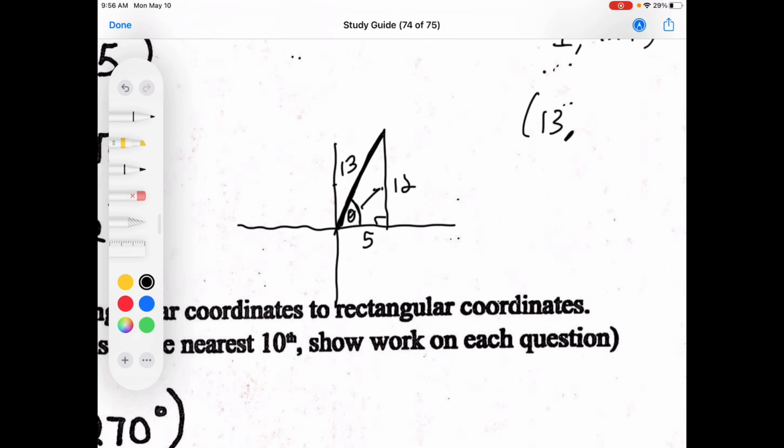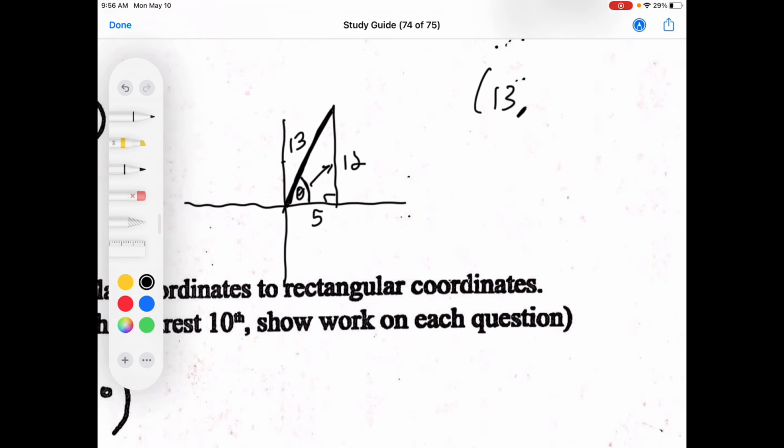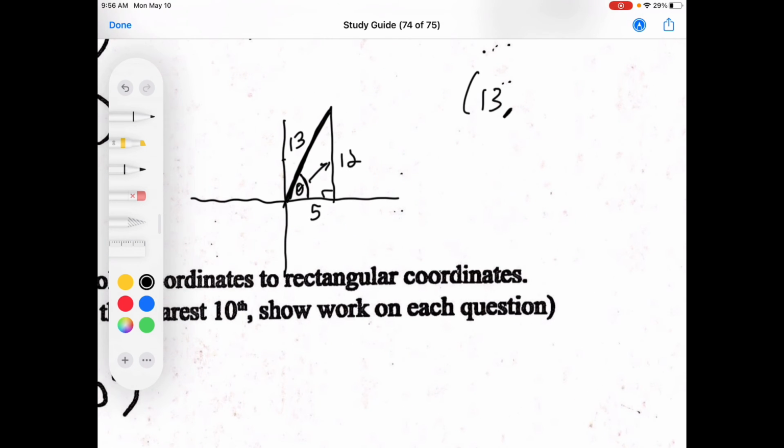All right, so if you'll think back to SOHCAHTOA, you can actually find angle measures by using the inverse functions. And so let's pick one. We can do sine inverse, cosine inverse, or tangent inverse. Since we got all three sides, remember sine is opposite over hypotenuse, so sine inverse 12 over 13.